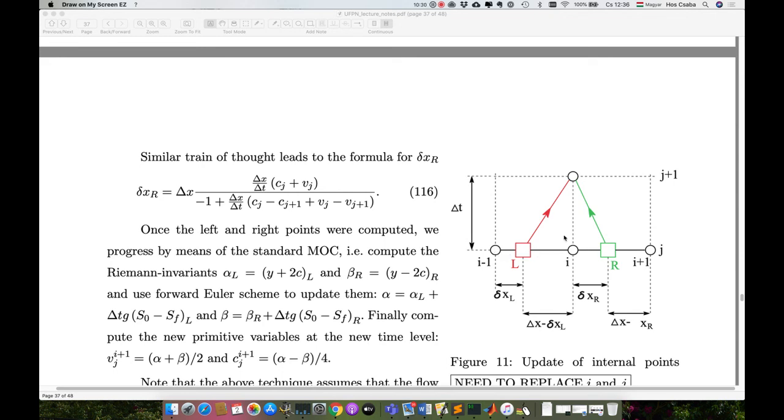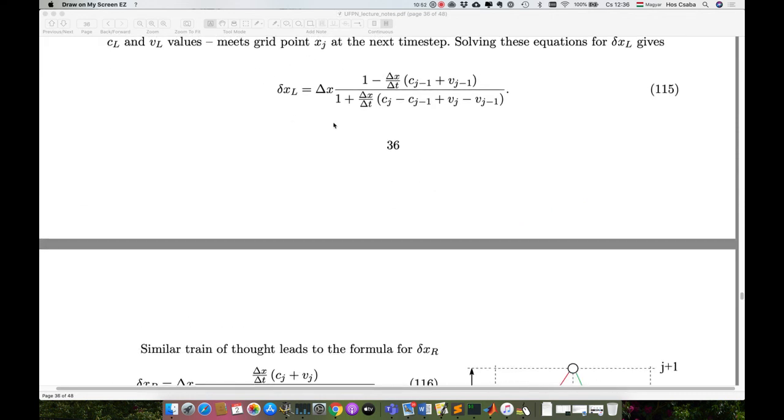If I interpolate velocity and the wave celerity from the grid points to this left point and compute the slope, it will hit exactly the next grid point. Okay, so here are the formulae how you do that. This is for the right point here. This is for the left point.